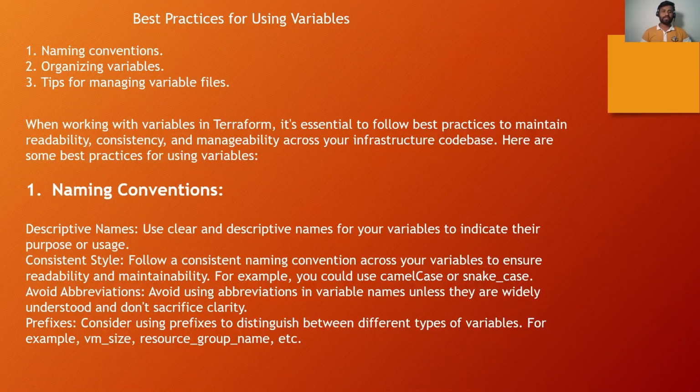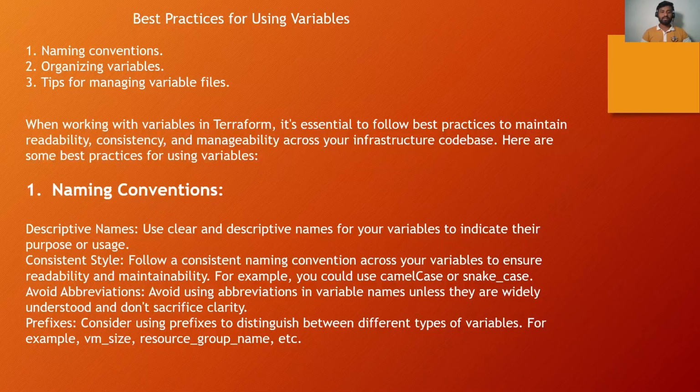So naming conventions: descriptive names, consistent style, avoiding abbreviations while creating variables, and prefixes. If we are speaking about descriptive names, then use clear and descriptive names for your variables to indicate their purpose or usage.